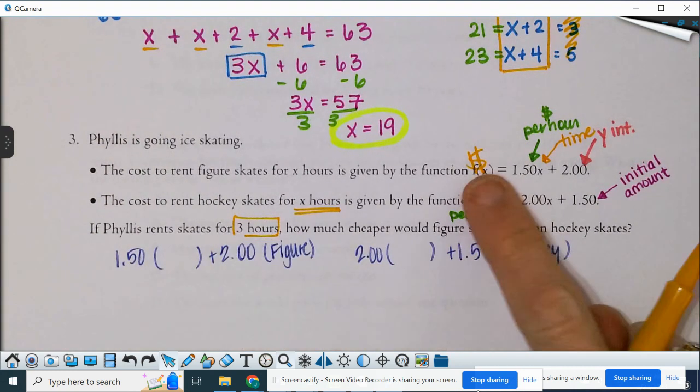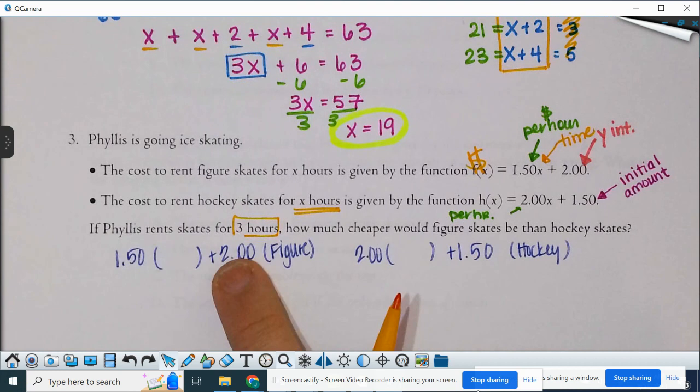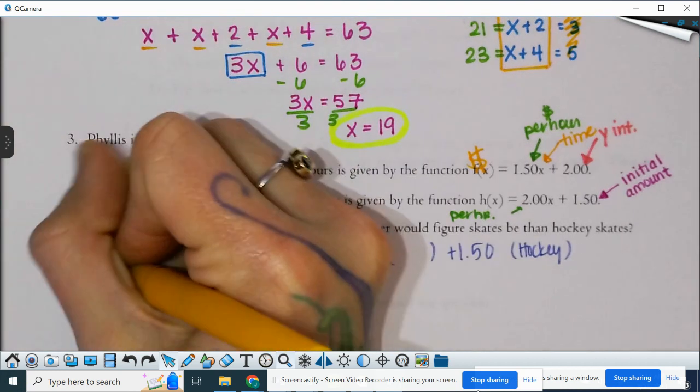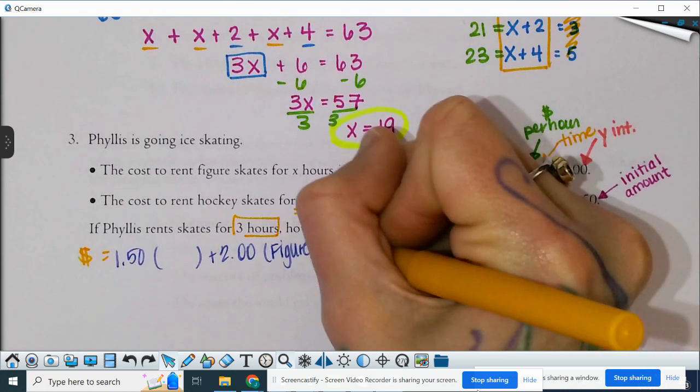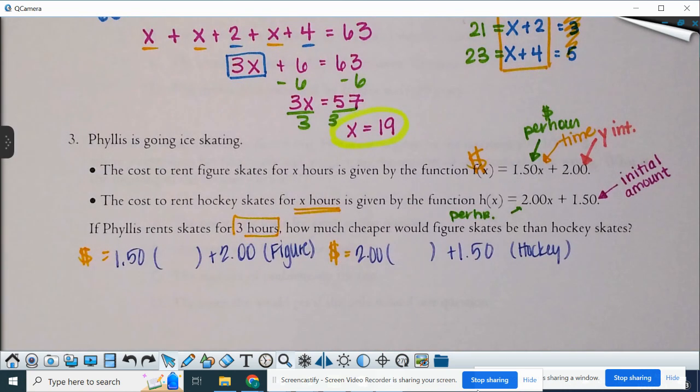The output, because it's money, when we solve it is going to be money. Your y spot would be if Phyllis spent, and they gave an amount, the question would be how long did they skate for. That would be solving for x. In this case, 3 hours is given, and we're looking for cost.